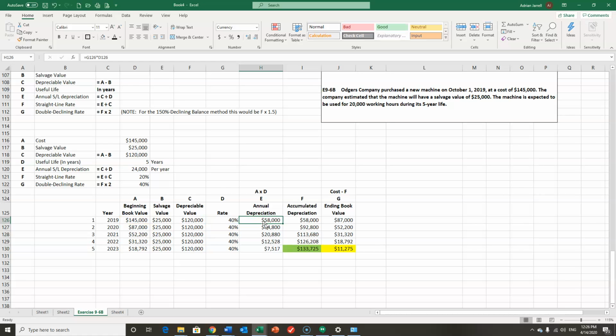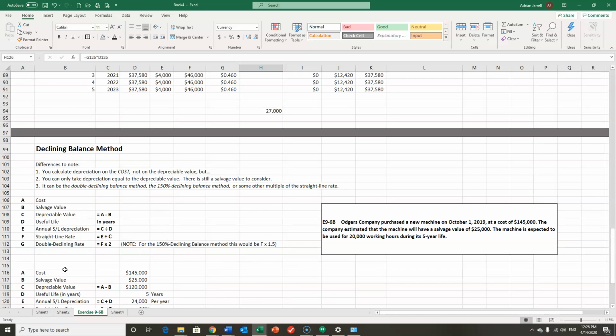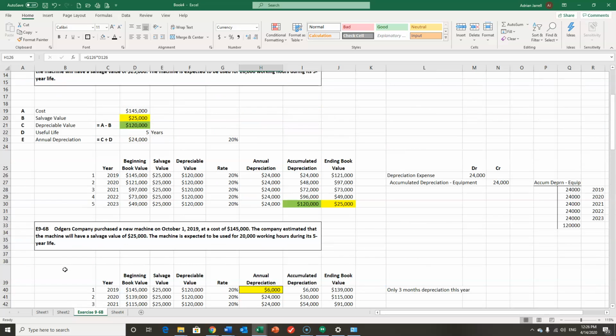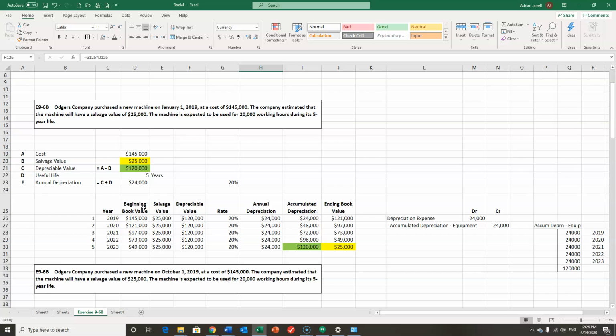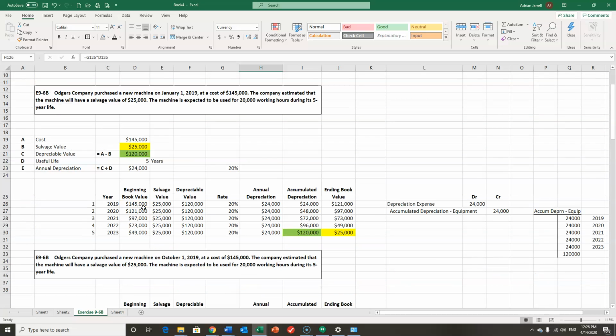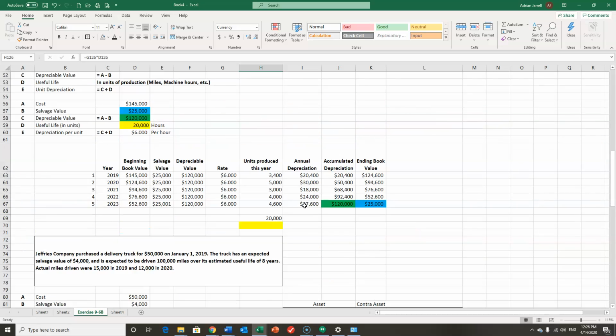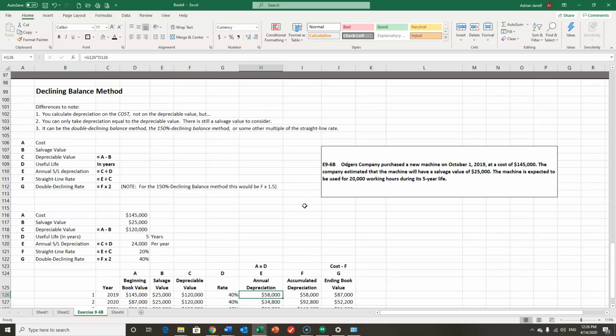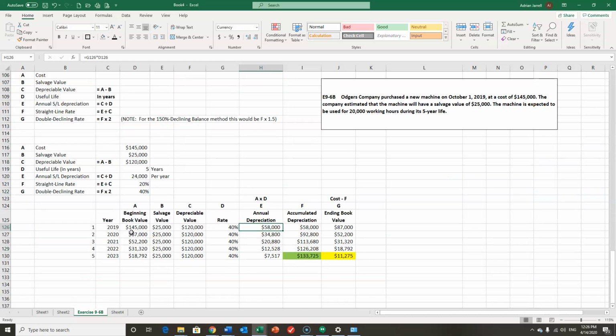So the first year, $58,000 in depreciation. Let's just scroll up to straight line, and it was 24,000 for our first year's depreciation, 20% of the depreciable value. We're using 40% of the beginning book value, which is cost at this point.